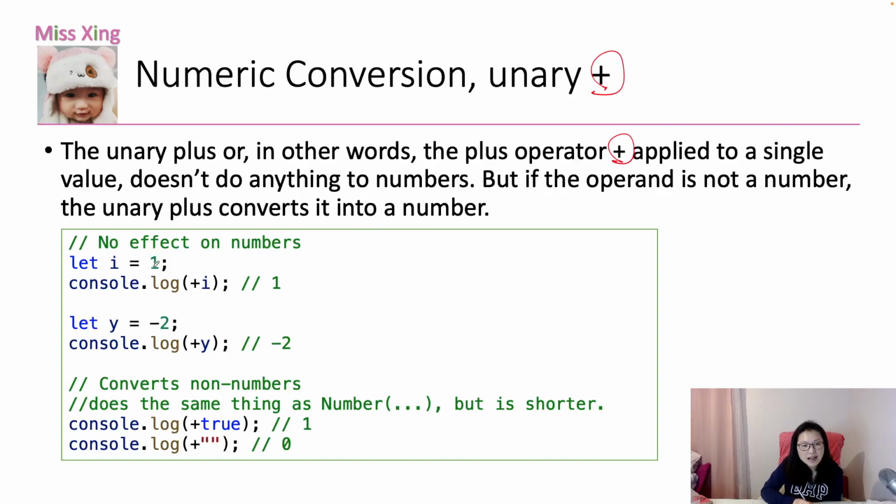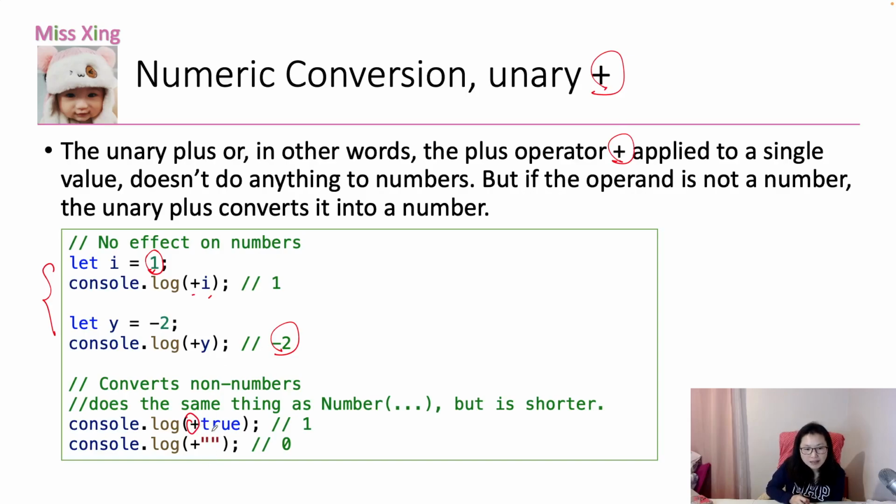When we have let x equals 1, and we have plus x, it doesn't do anything. And when we have let y equals minus 2, and we do plus y, it will still be minus 2, which means there's no effect on numbers when we're using the unary plus operator. But if the unary plus is applied on a non-number, it will convert it into a number.